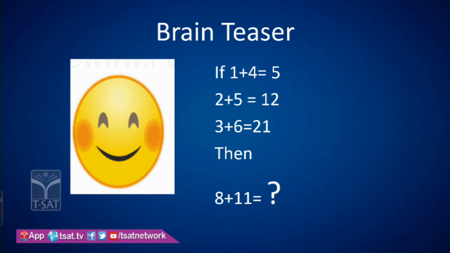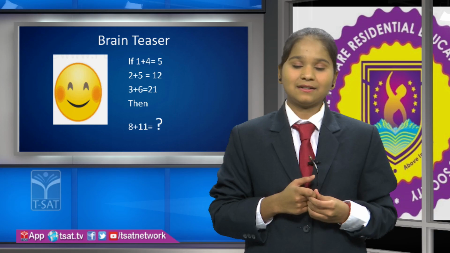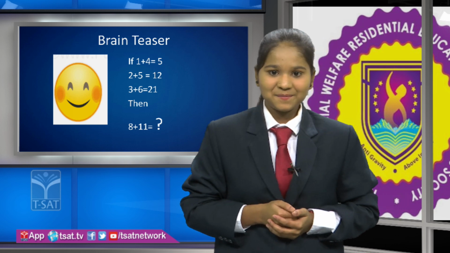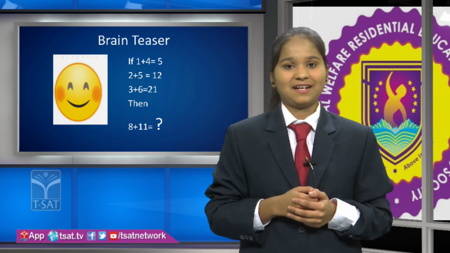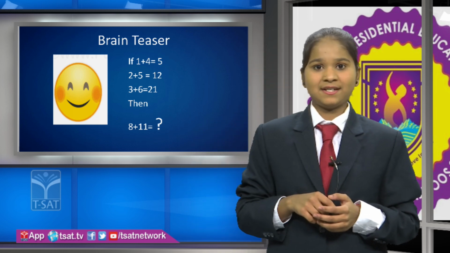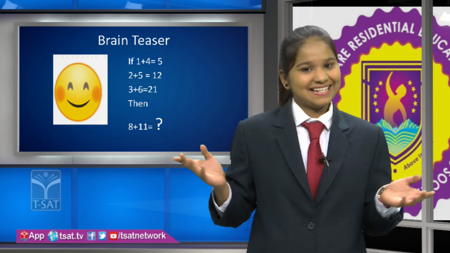And the second one is 2 and 5. 2 into 5, 10. 10 plus 2, 12. The answer is 12. Here 3 into 6, 18. 18 plus 3, 21. Here the answer is 21. And 8 into 11, 88. 88 plus 8, 96. The answer is 96.